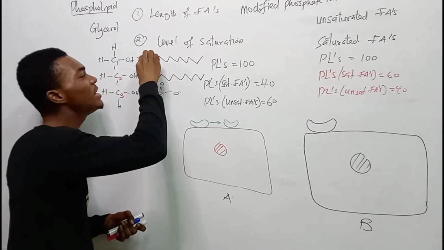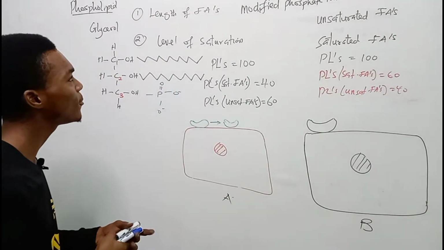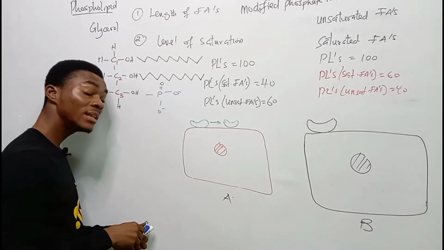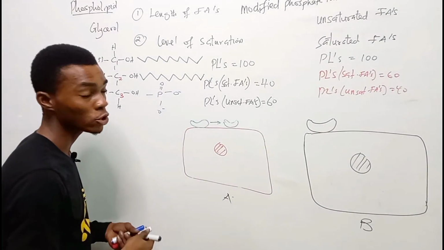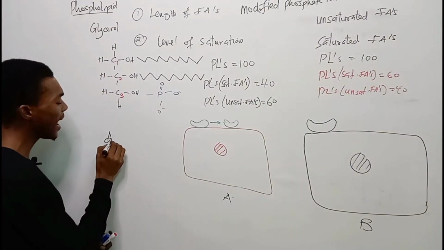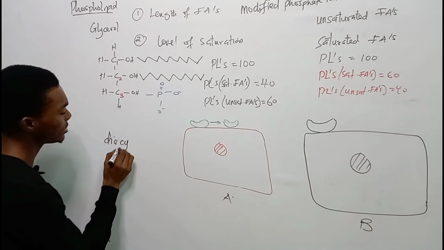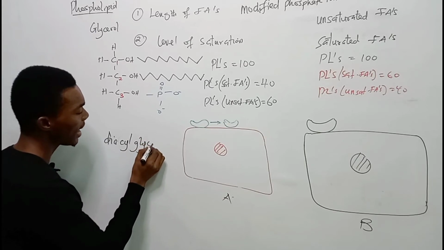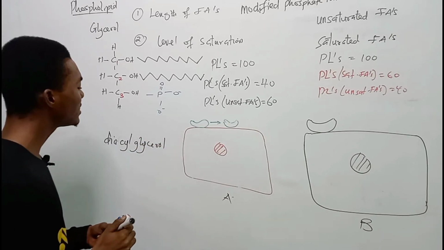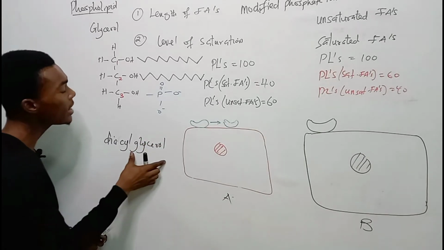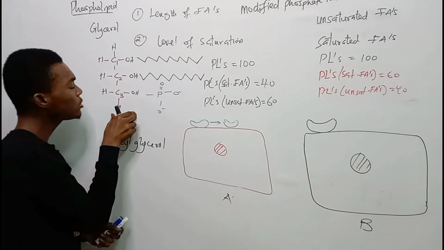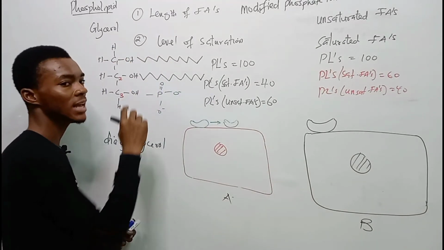We find it a lot when you are dealing with lipid digestion and absorption. We call this molecule diacylglycerol. So what is diacylglycerol? Diacylglycerol is simply the glycerol backbone together with the two fatty acids.